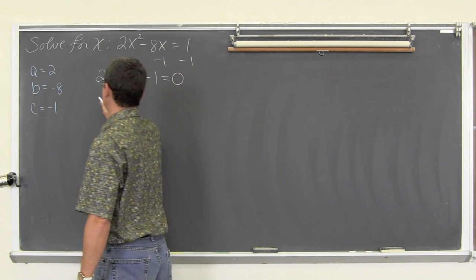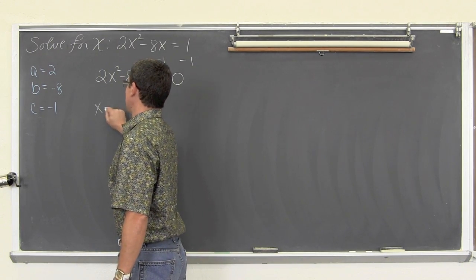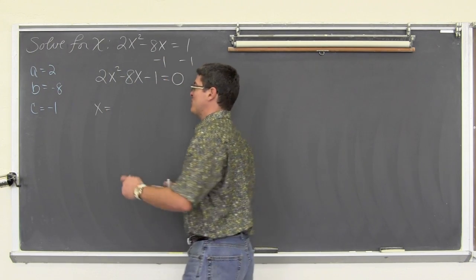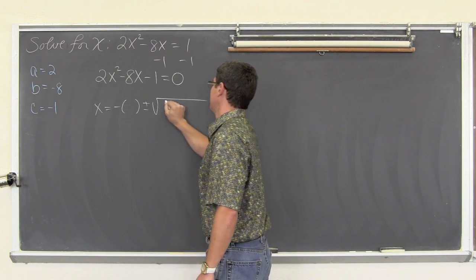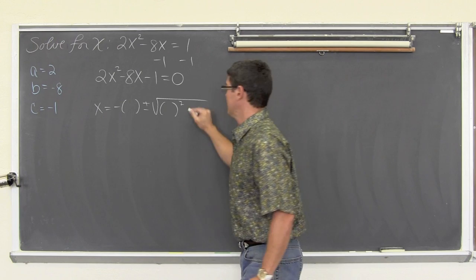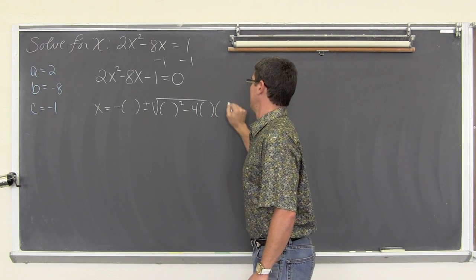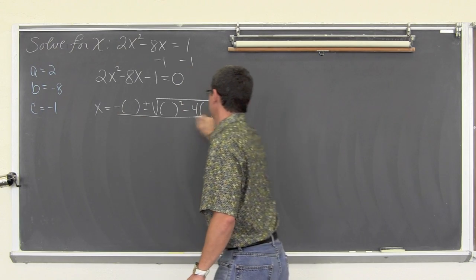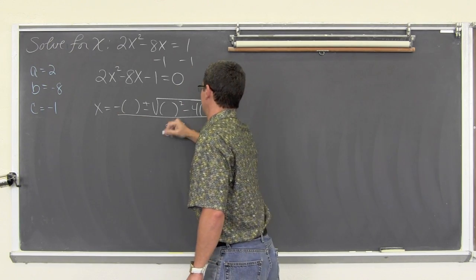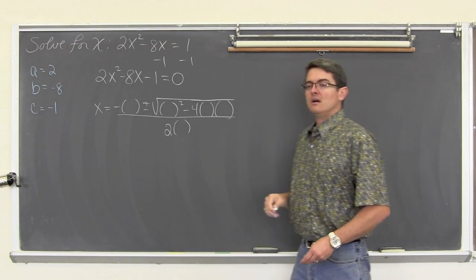open parentheses. So the formula, x equals, the quadratic formula, the magic formula, negative b plus or minus the square root of b squared minus 4ac all over 2a.